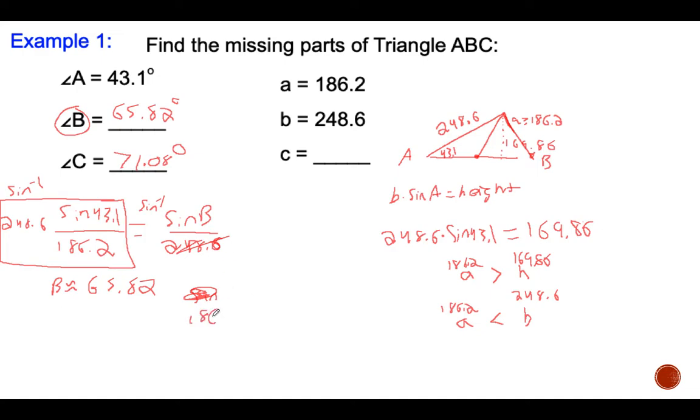So we got 186.2 over sine of A, which would be 43.1, equals C all over sine of 71.08 degrees. So again, this is just a number, so multiply this over here. So I'll do sine of 71.08 times 186.2 divided by sine of 43.1, and that gets us 257.79.